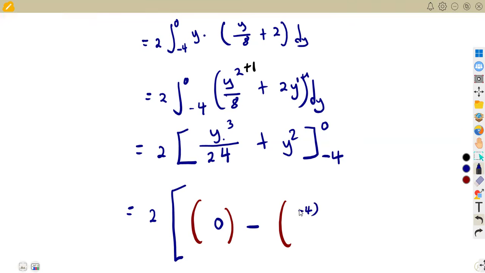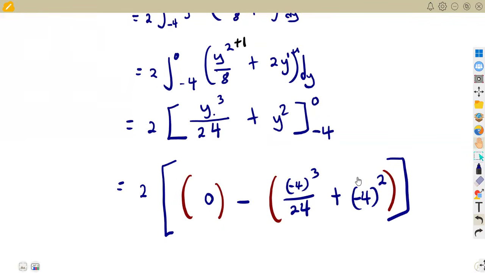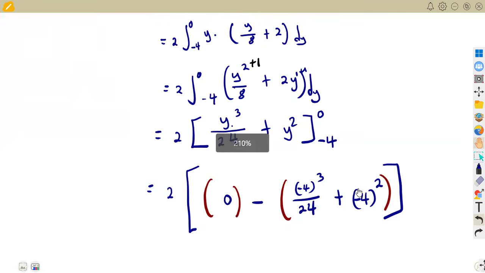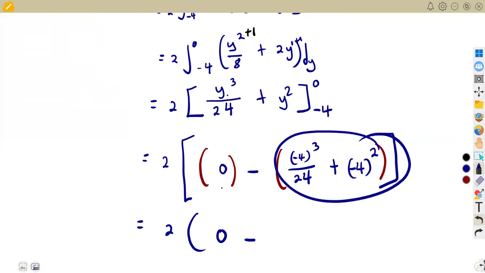So that's -4 to the exponent of 3 over 24, plus in place of y, -4 to the exponent of 2. All right, that's our lower limit. So you're going to substitute like this. We just have to simplify properly to get the final answer. But in our normal simplification, this is just going to be a 0 there. So it's going to be minus. That side was going to give us 40 over 3.